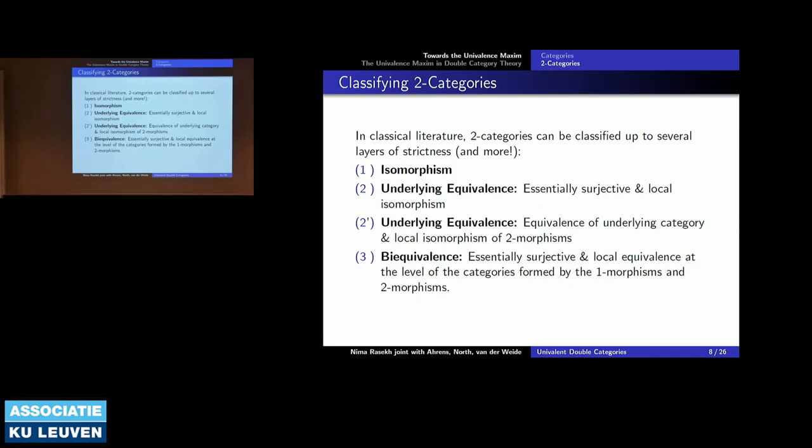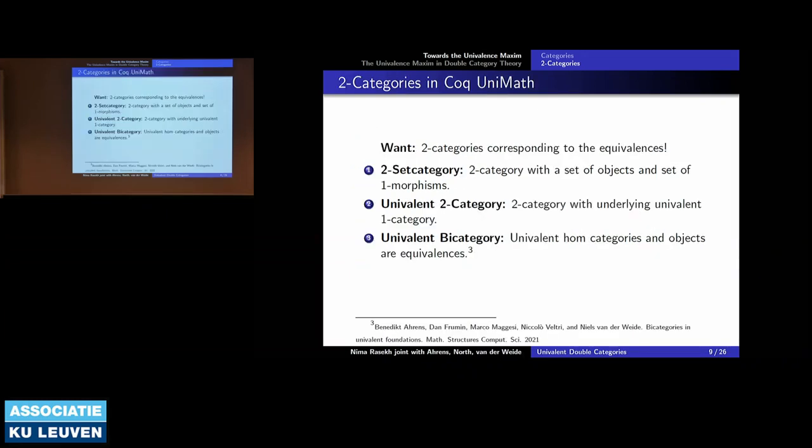Now I can ask myself, in this context of univalent math, can I construct some notion of two-category so that if I look at it in the universe of two-categories, the identity will exactly be these kinds of equivalences? For cases 1 and 2, I just use my category knowledge and repeat. If I take everything to be a set, objects, one-morphisms and two-morphisms, then the identities will precisely be the isomorphisms, fine.